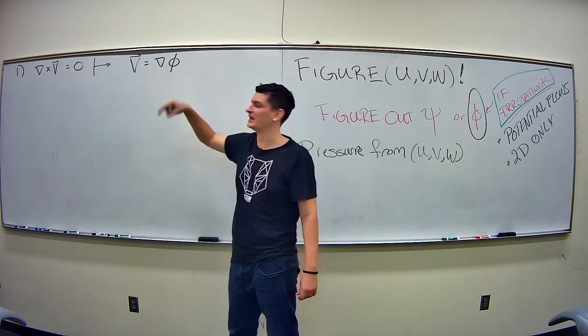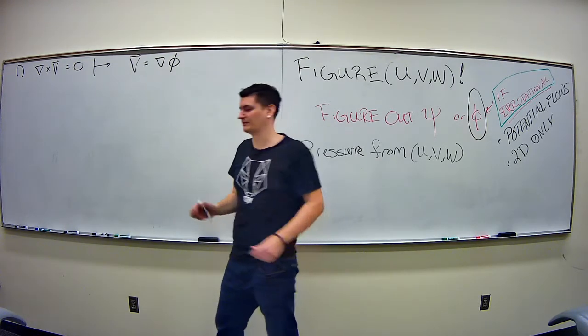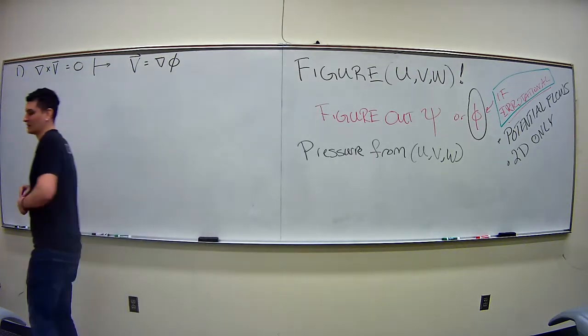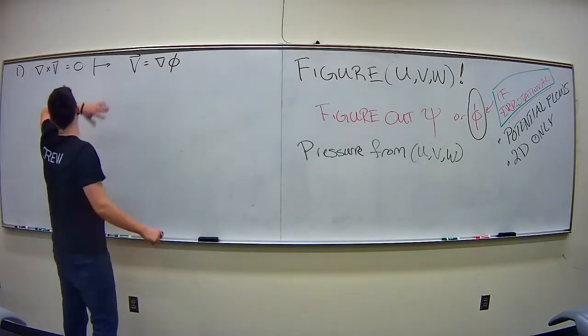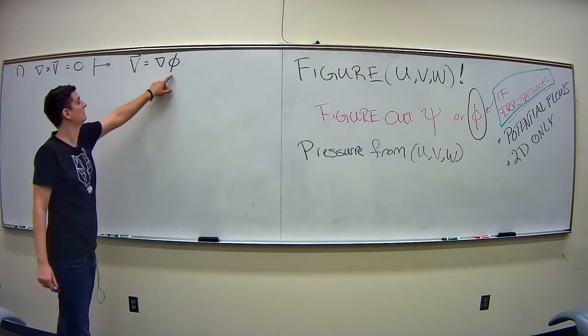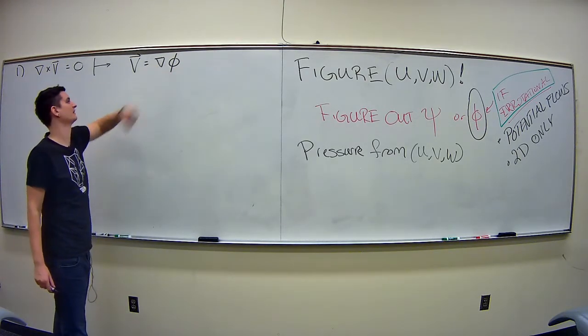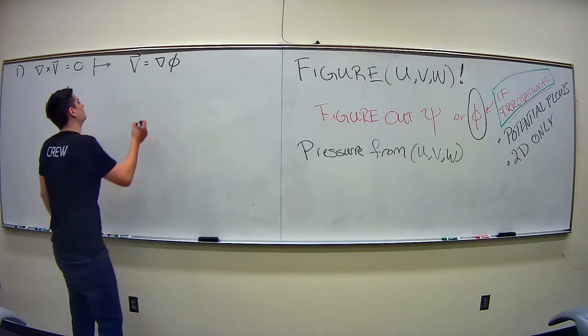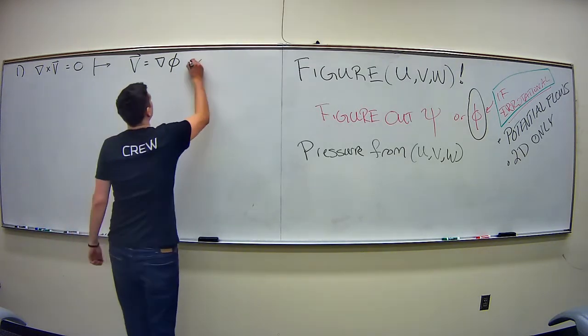So the converse, whatever, no one cares about converses. So just accept this, that if you can show this, that means I can find the velocity field by this kind of simpler thing, a scalar field. And then plugging this into continuity, you then find more things out about the phi.